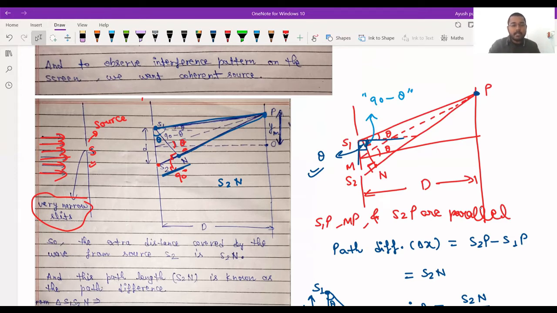Maxima means maximum intensity and minima means minimum intensity. The maximum intensity point we call the maxima, and the minimum intensity point we call the minima. These have other names also: maxima is the bright fringe and minima is the dark fringe.